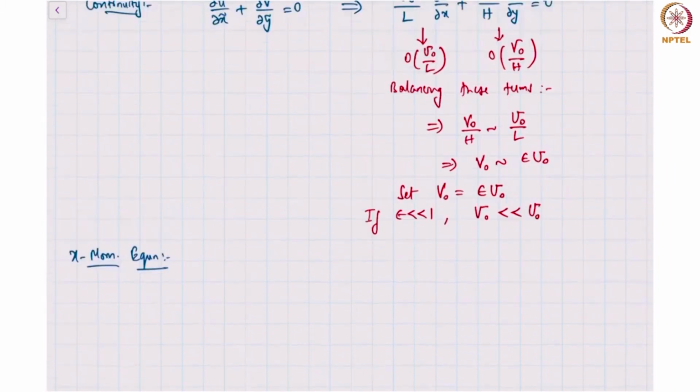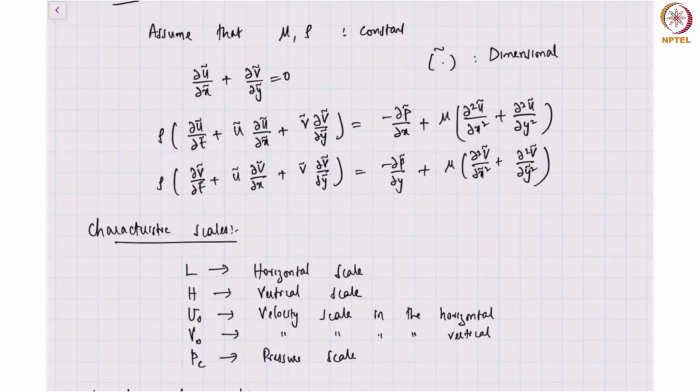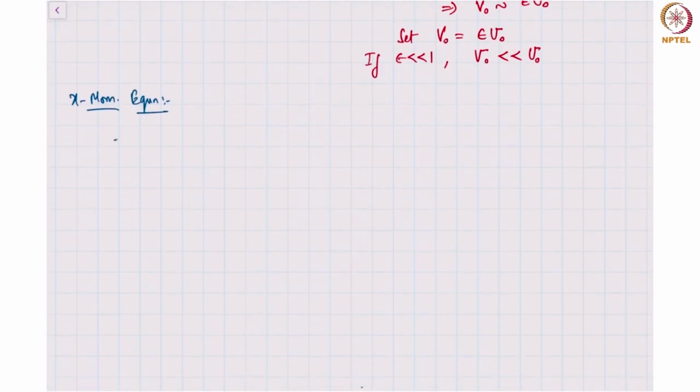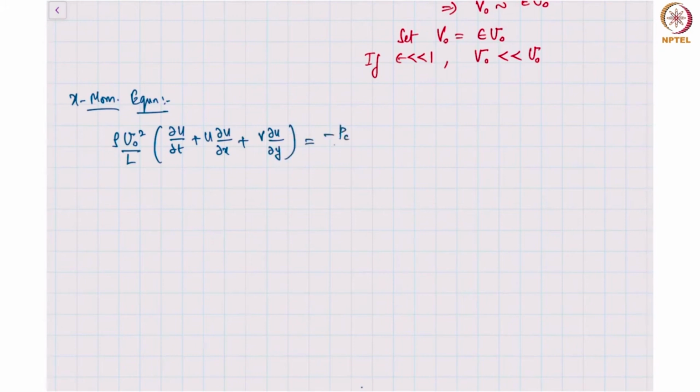If I substitute into the x momentum equation, the left hand side, the inertial terms, all become density times u0 square by L. What we now have is del u by del t, del x, that's the inertial terms. The scale for pressure is unknown, but what we get is Pc by L del P by del X. And now you have mu.